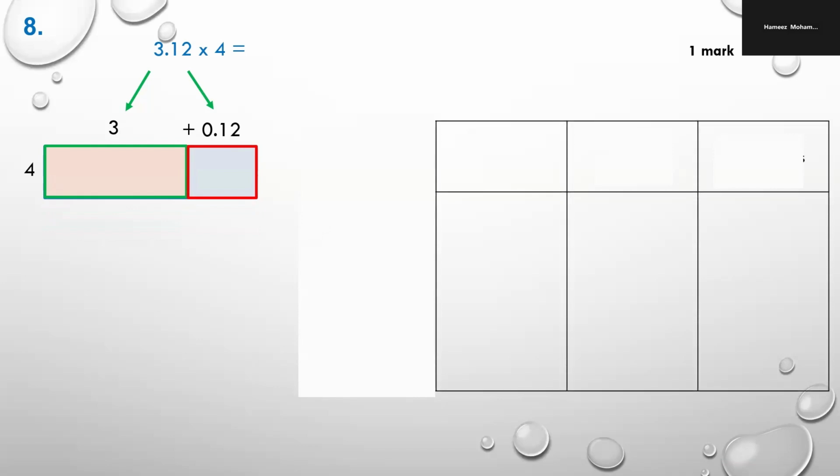If we picture the idea of our place value chart, we have ones. And how many ones? 1, 2, 3, right? And then what comes next? We have a decimal point because we have tenths. We have 1 tenth. And we have hundredths. How many hundredths do we have? 1, 2.